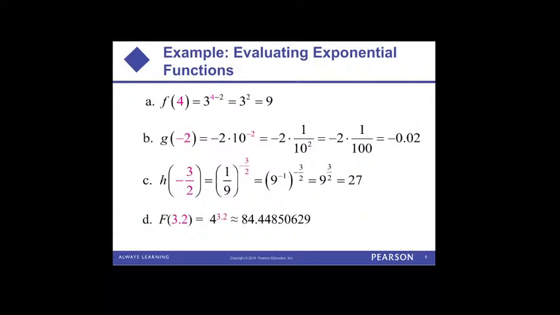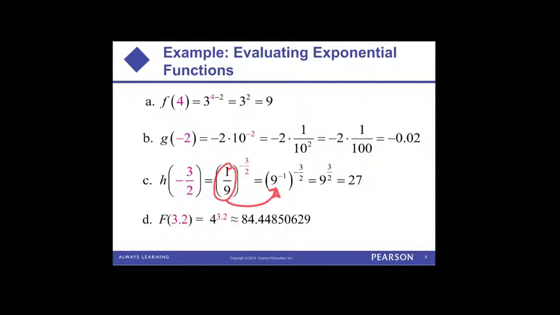So now with this one, h of negative 3 halves, the negative 3 halves was the exponent. So they rewrote this. 1 over 9 is the same as 9 to the negative 1, because we just said a negative exponent moves it to the denominator, so the reverse is also true.